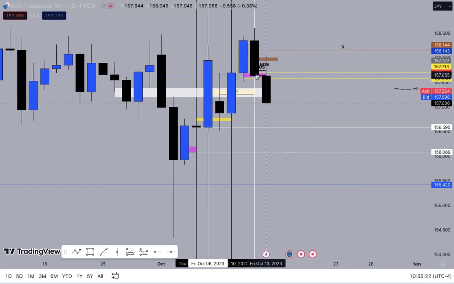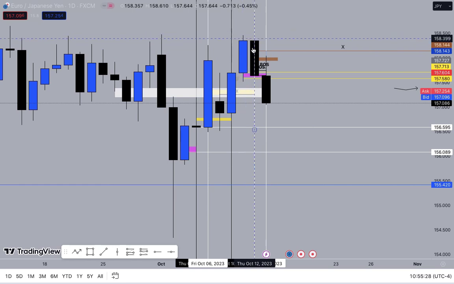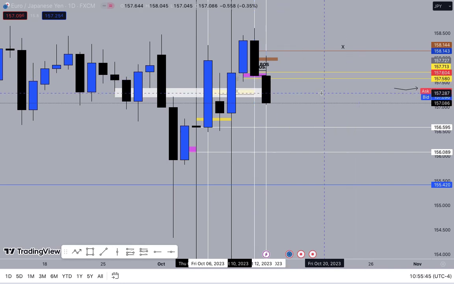Are you seeing something? There is nothing on the daily, just bullish candles, then came up here and formed the resistance. But on this 4-hour support, there is nothing here. It's just a bullish candle, then came back with a bearish candle. There's no structural level here, or support or resistance, any language you want to use.